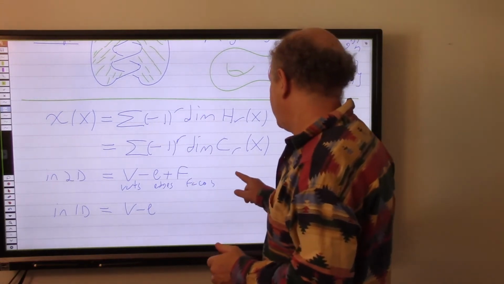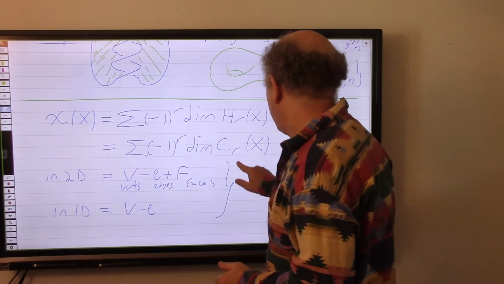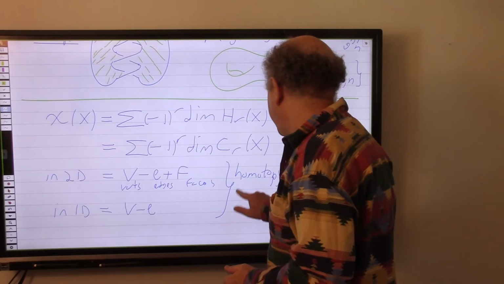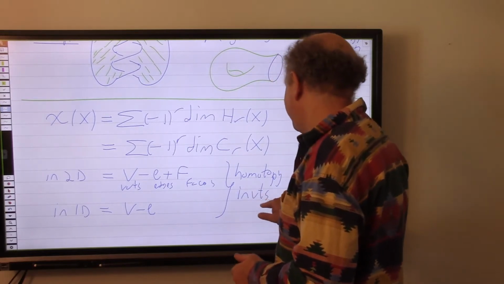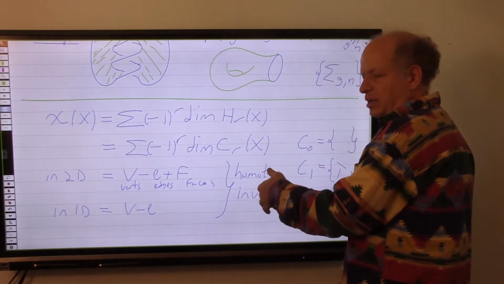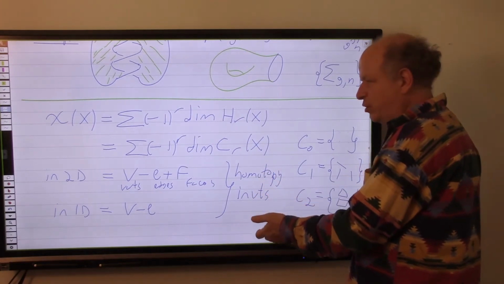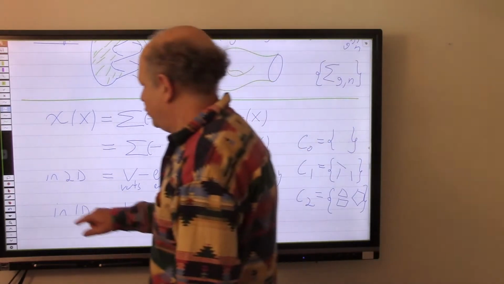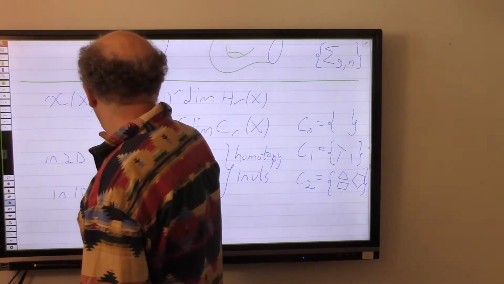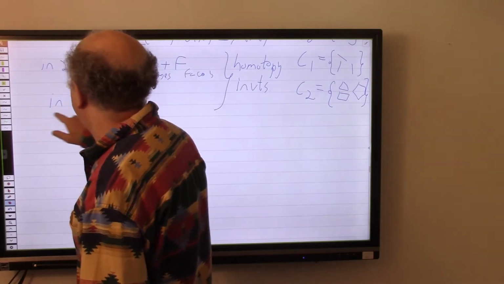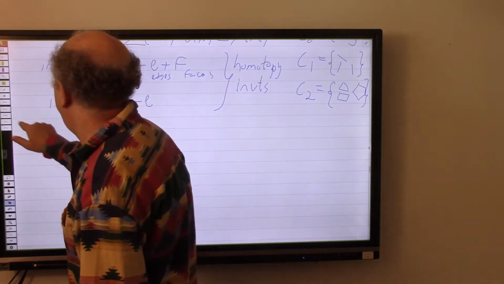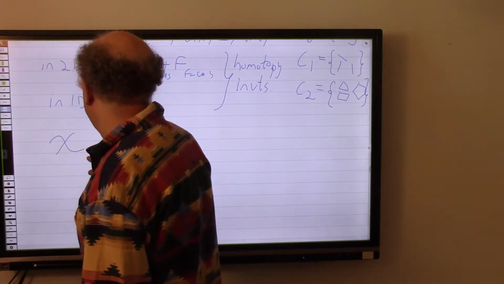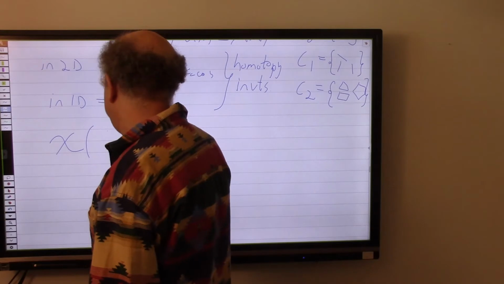So all of these are homotopy invariant, and what I mean by that is that if two spaces are homotopy equivalent, then they have the same Euler characteristic. So now, what is the Euler characteristic of a genus g Riemann surface?